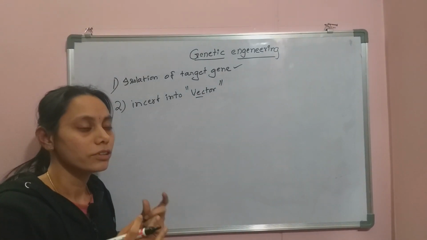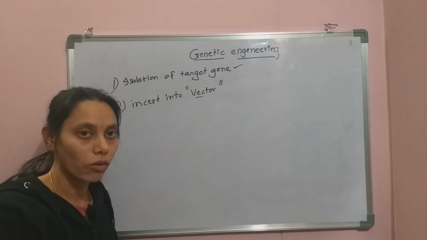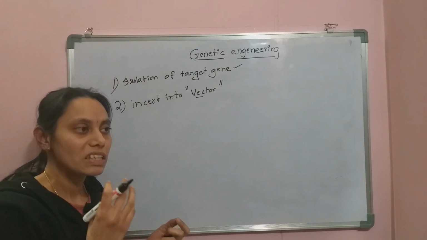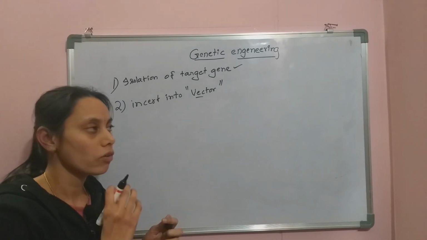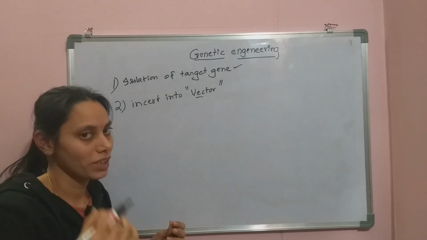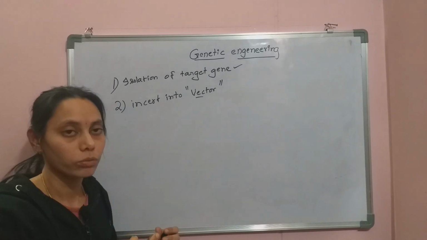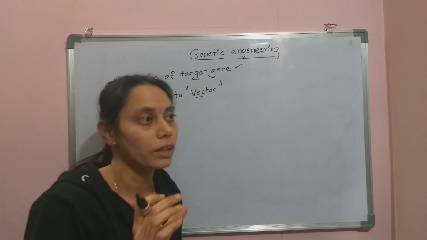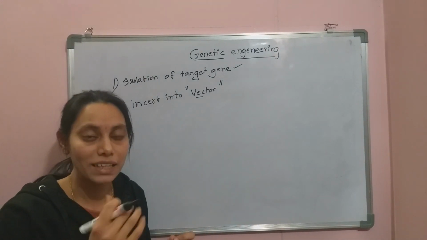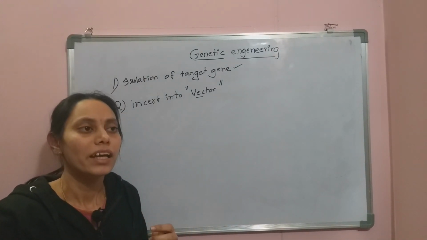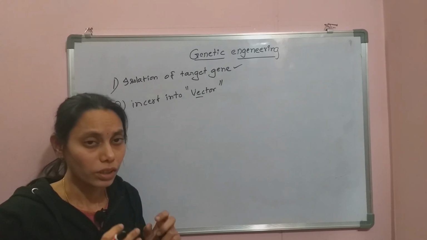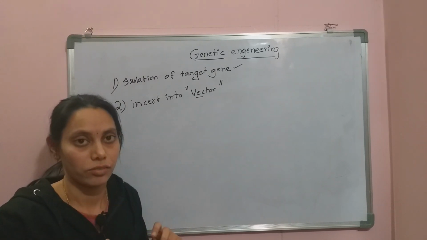Generally this host organism, a living organism, let it be a bacteria, animal or plant, generally cannot take a small piece of DNA into it. They don't allow it, or even if the gene or DNA part has been taken into the cell, it generally degrades the DNA.